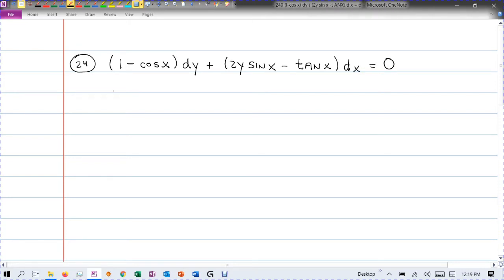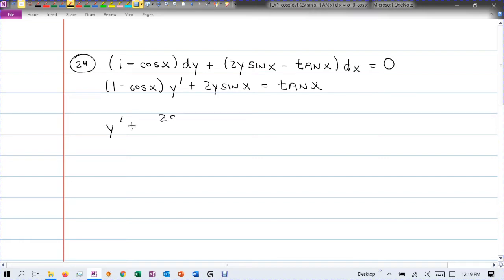Let's go with y prime, so divide everything by dx. That term right there has everything I need, and then the other one, the tangent x, I moved to the other side. So that falls into the form. Let's divide through by 1 minus cosine x.